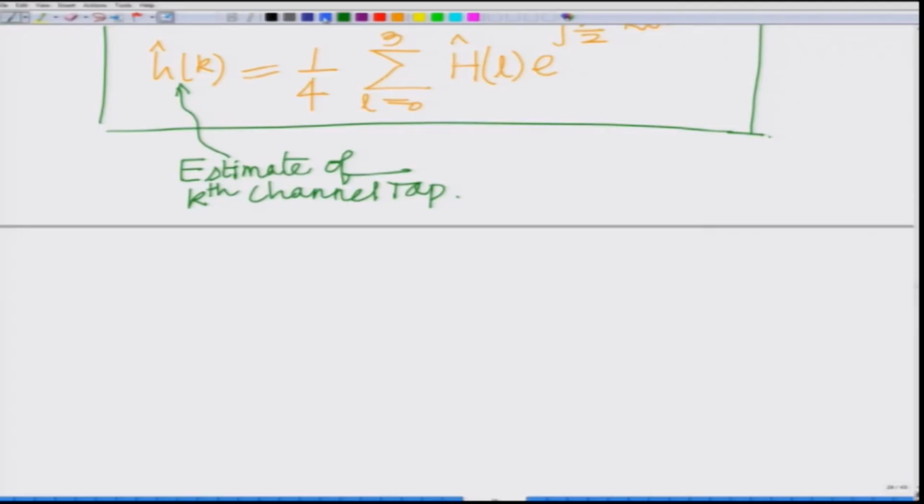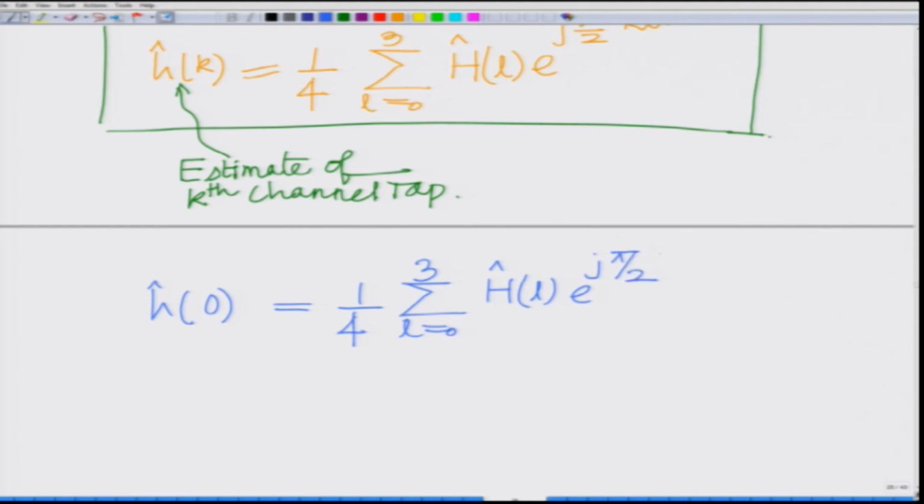For example, if you look at h hat of 0, all I have to do is substitute k equal to 0. So, this is 1 over 4, summation L equal to 0 to 3, h hat of L e power j pi by 2 times k equal to 0, times L. So, this quantity is 1.